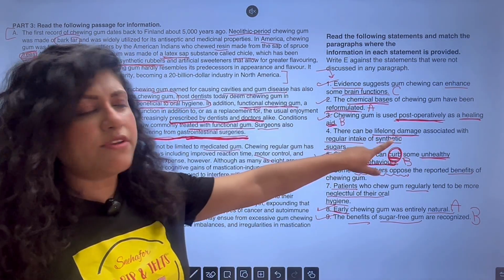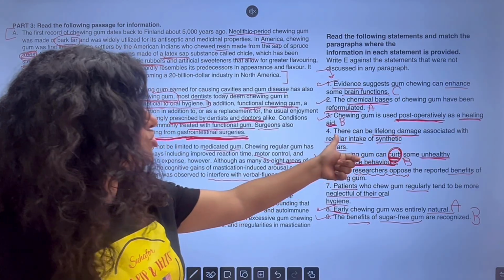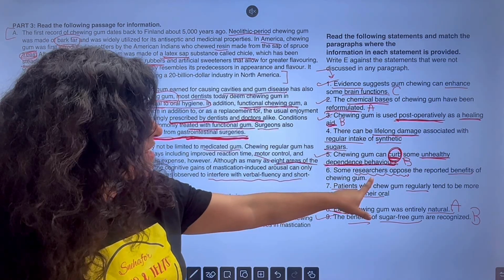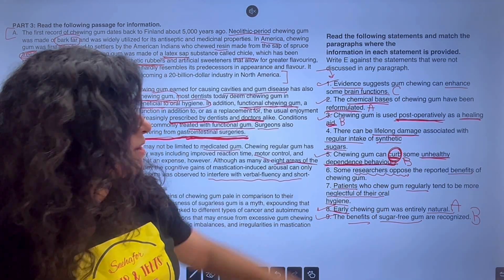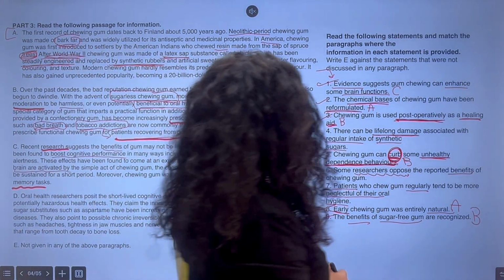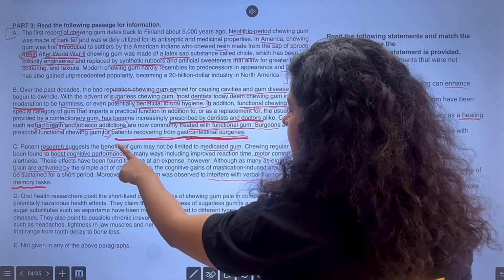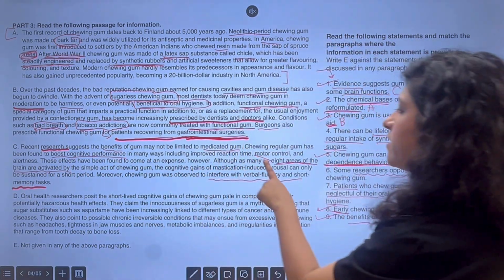Does it talk anything related to lifelong damage by synthetic sugars? No. 6 says researchers oppose the reported benefits of chewing gum. Researchers here suggest that benefits may not be limited to medicated gum.